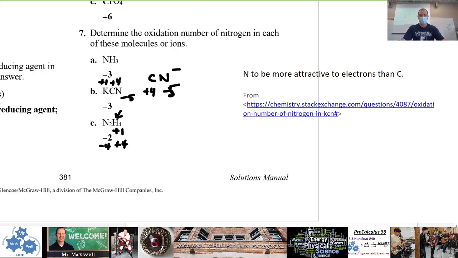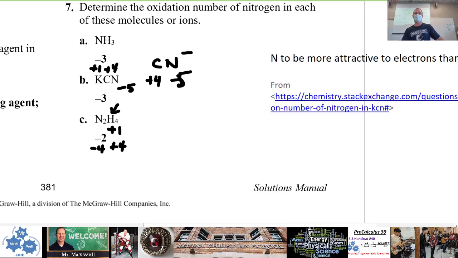Okay, so after a little bit more research here, if you said -5, I wouldn't fault you. However, between these three, K, C, and N, K really wants to get rid of an electron very strongly, so +1 here. N would be the next in line to attract electrons. C is in the middle of the periodic table, so it would be the one that would fluctuate most with the oxidation state.